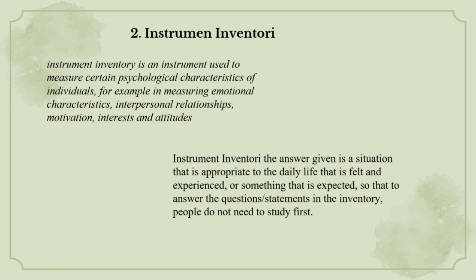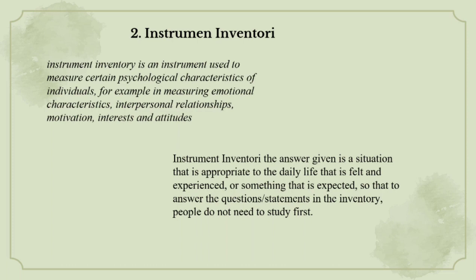Okay, the second type of instrument is instrument inventory. Instrument inventory is an instrument used to measure certain psychological characteristics of individuals. For example, measuring emotional characteristics, interpersonal relationship, motivation, interest, and attitude.